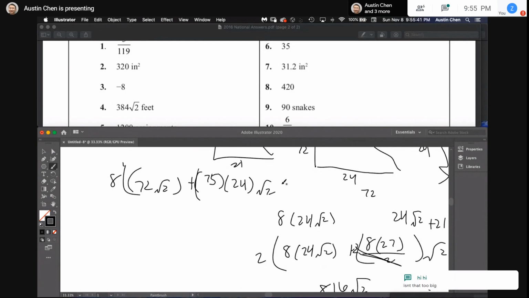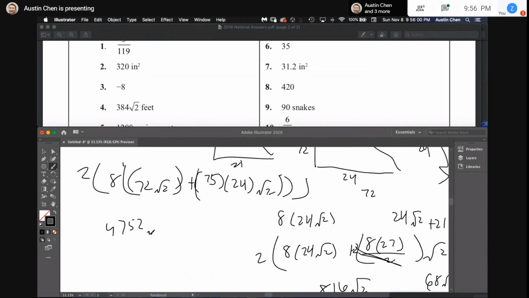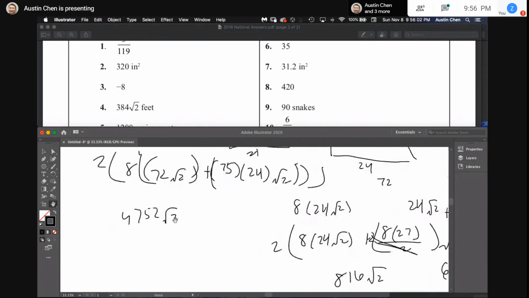It should be like this, and then that times 2. Okay, and then you get 4752 root 2, then you divide it by 12. Oh, and then you get 396 root 2. That's pretty close. That is 12 off.